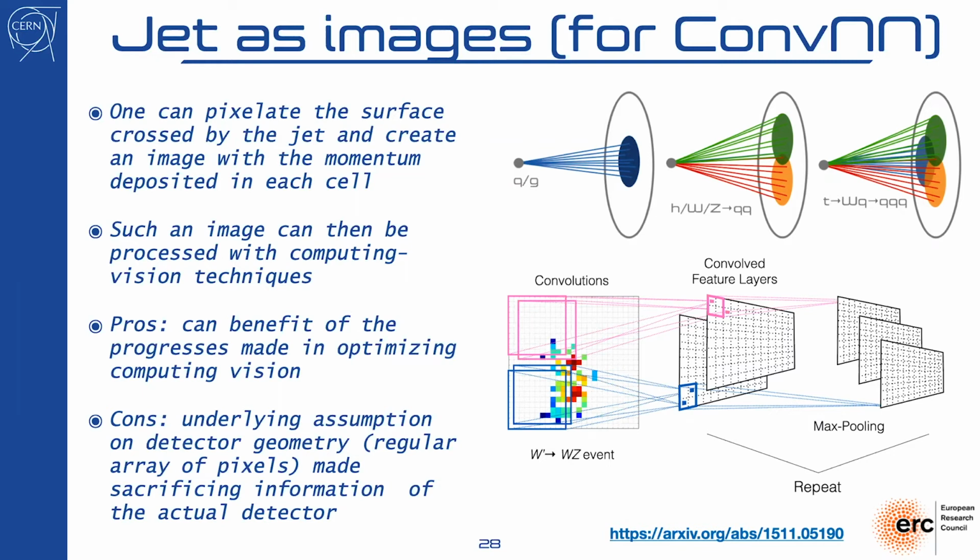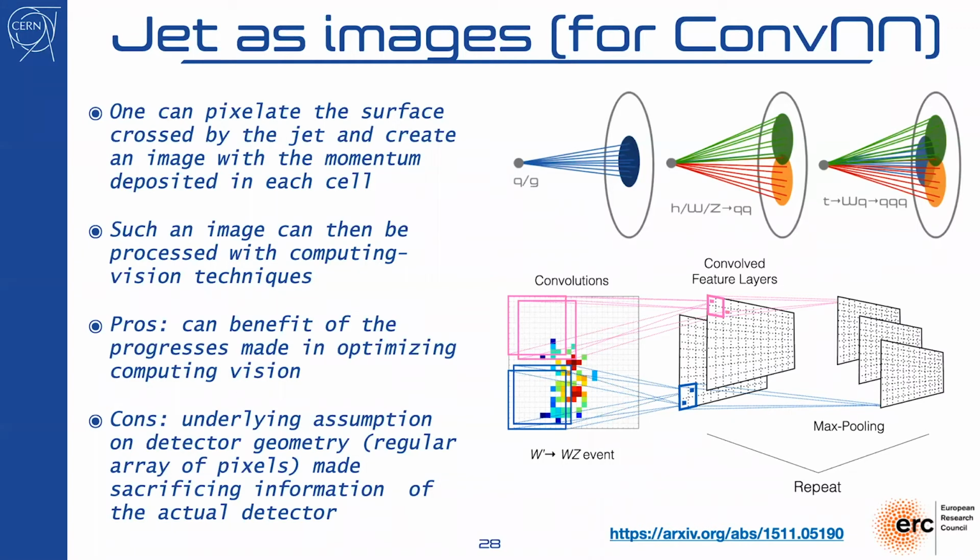Phi is the azimuthal angle, and eta is the pseudorapidity, so it's not exactly an angle, but sort of. Once you pixelate in eta and phi, you have these pixels, and in each pixel you do the scalar sum of some energy-related quantity for the particles that end up there.